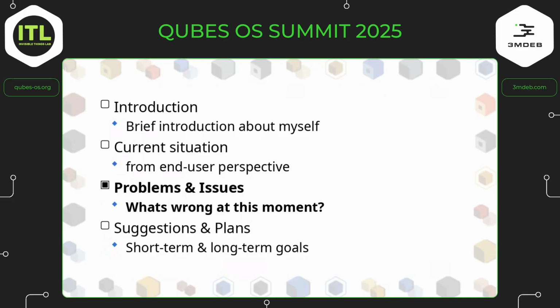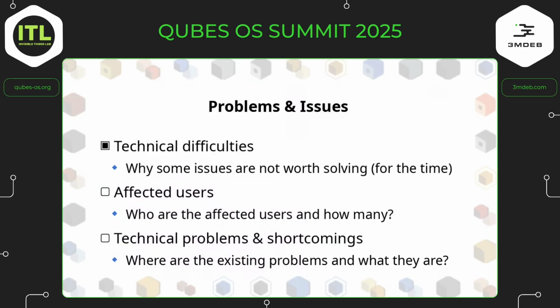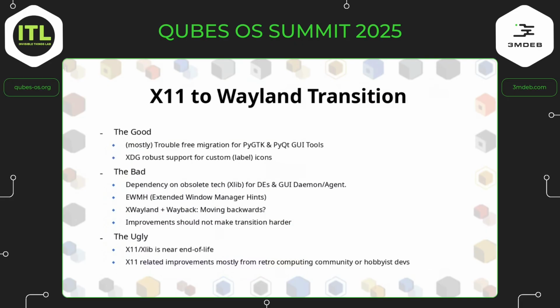So, what's wrong with what we currently have? First of all, if we want to make any improvements, there are technical difficulties. And this makes some of the issues not worth solving, at least for the time being.